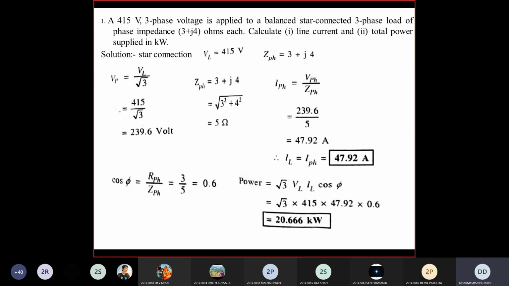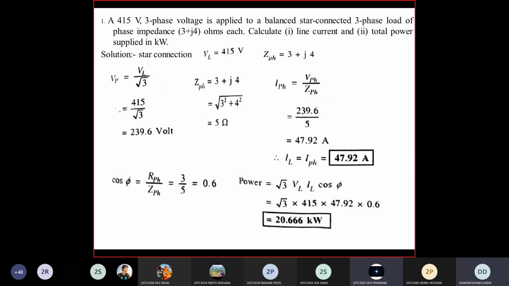Don't confuse about this. Remember again: in a star connected system, phase current and line current are the same, but line voltage is √3 times phase voltage. Exactly opposite in a delta connected system: both line voltage and phase voltage are the same, and line current is √3 times phase current. Clear all of you?